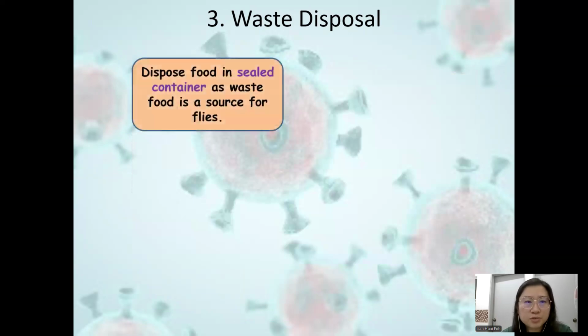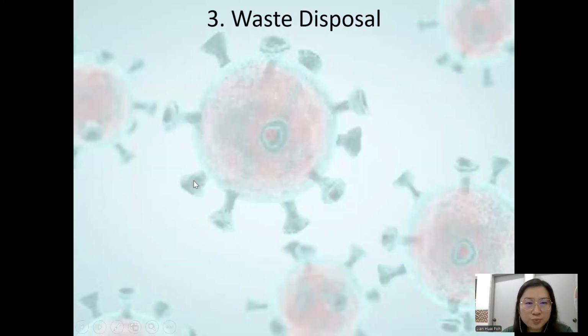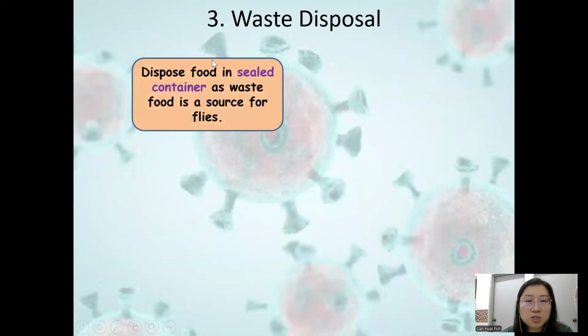Okay, waste disposal. How do we dispose of our waste? Do we openly just throw our rubbish this way, or what shall we do? We shall dispose of the food in a sealed container.